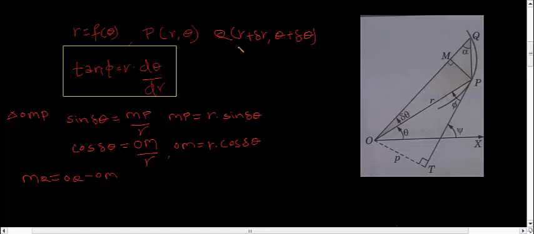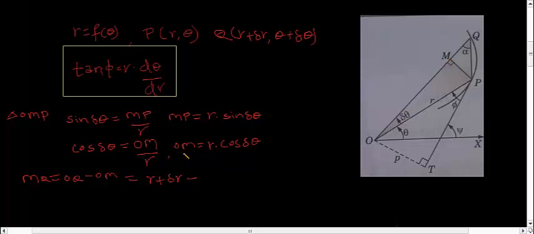So what is the length of this line OQ? In case of P, it is r. In case of Q, it would be r plus delta r. So OQ is equal to r plus delta r minus, what is the length of OM?